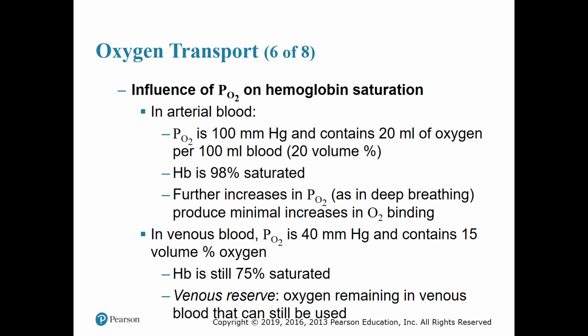In venous blood, the partial pressure of oxygen is 40 millimeters of mercury and contains 15 volume percent oxygen. The hemoglobin molecule is still 75% saturated. The venous reserve is the oxygen remaining in venous blood that can still be used.